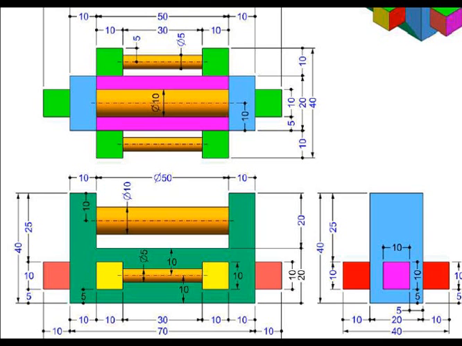Exercise 33. This will be our last exercise of today's class. And we're going to use some mirror options, and we're going to be working with the extrude operation, playing with the parameters in order to get this piece modeled.